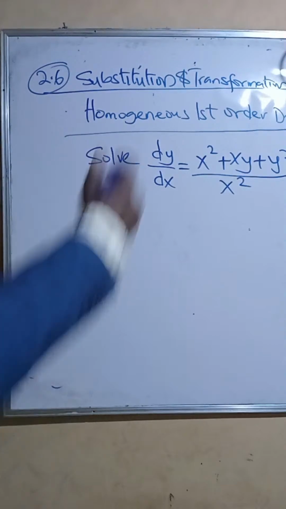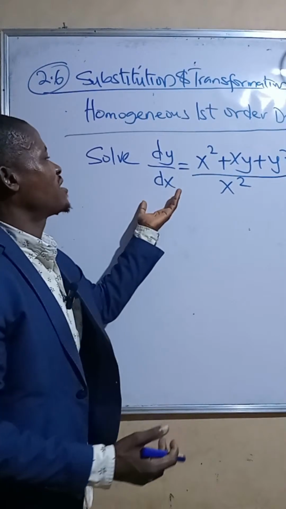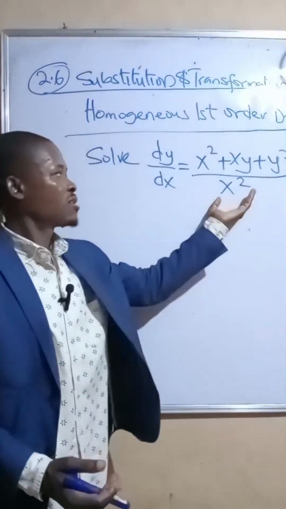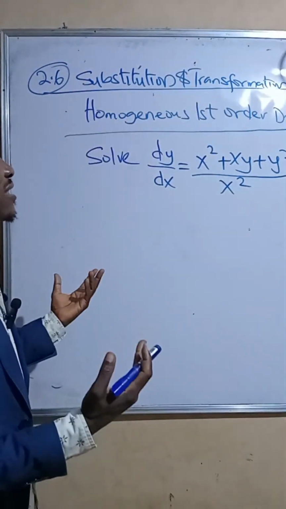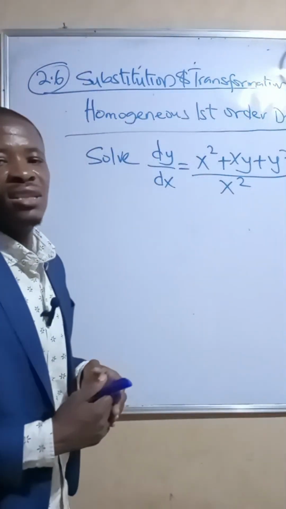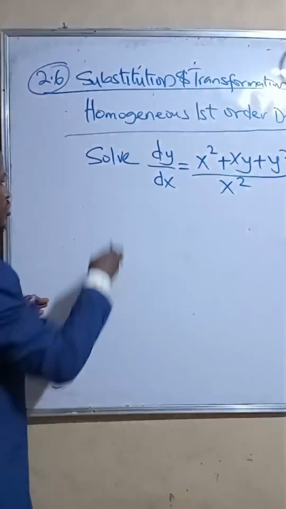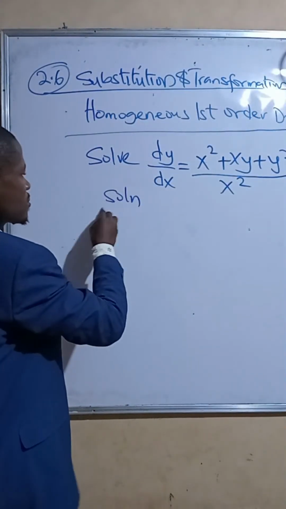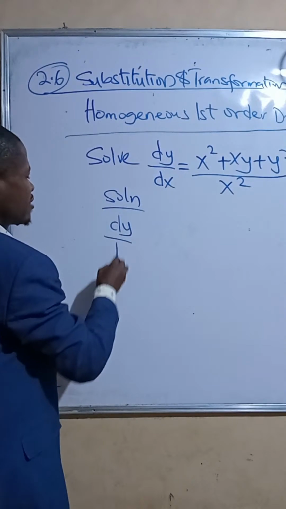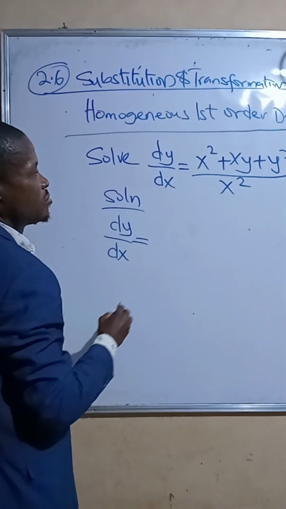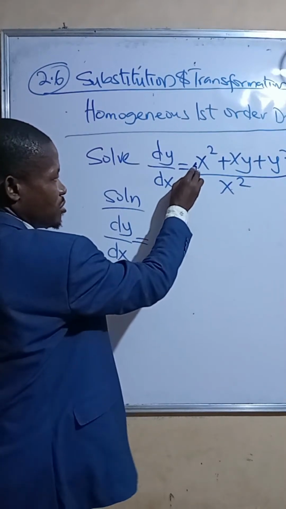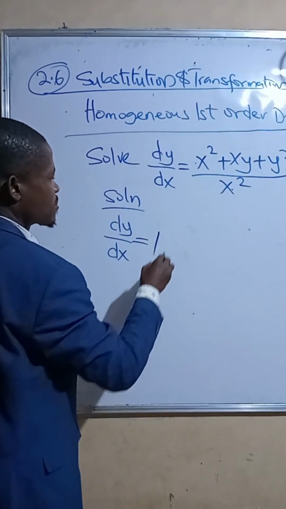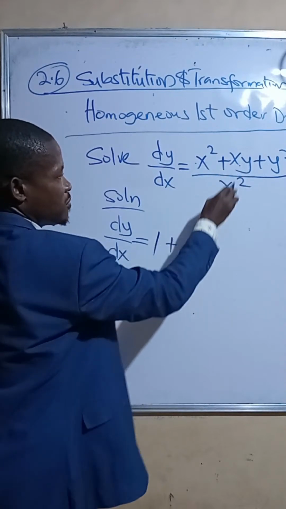Okay, so this is what we have now. We have to solve dy/dx equal to this. The first thing to do when you see a question like this is to do a little algebra. So dy/dx is equal to, the meaning of this fraction is this one over this one, that's 1 plus this one over this one.